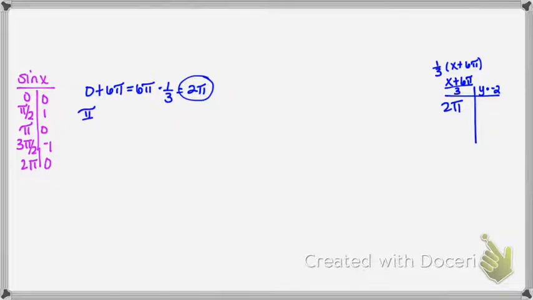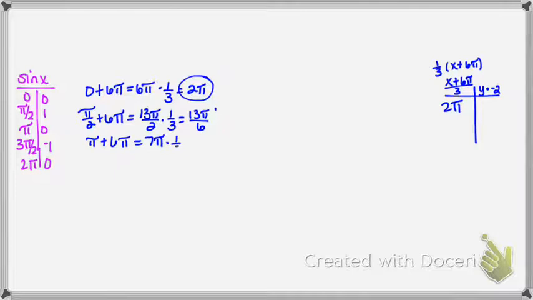Alright, then we're going to take pi over 2 plus 6 pi, which is 13 pi over 2, times 1/3, which is 13 pi over 6. We'll take pi plus 6 pi, which is 7 pi, times 1/3.